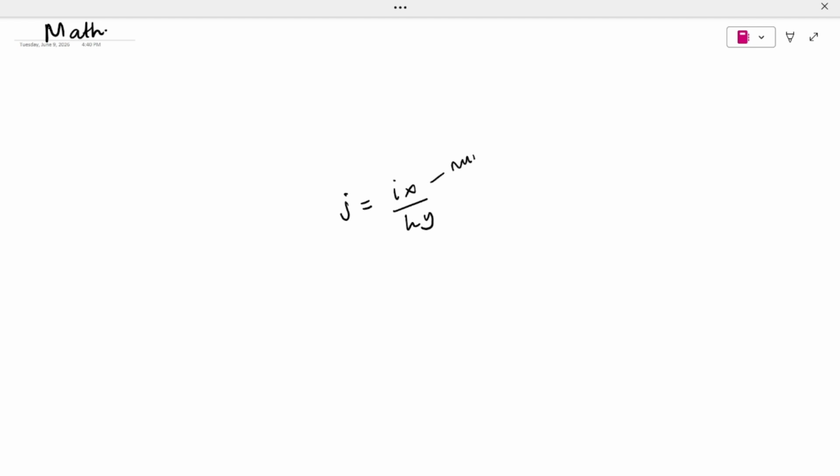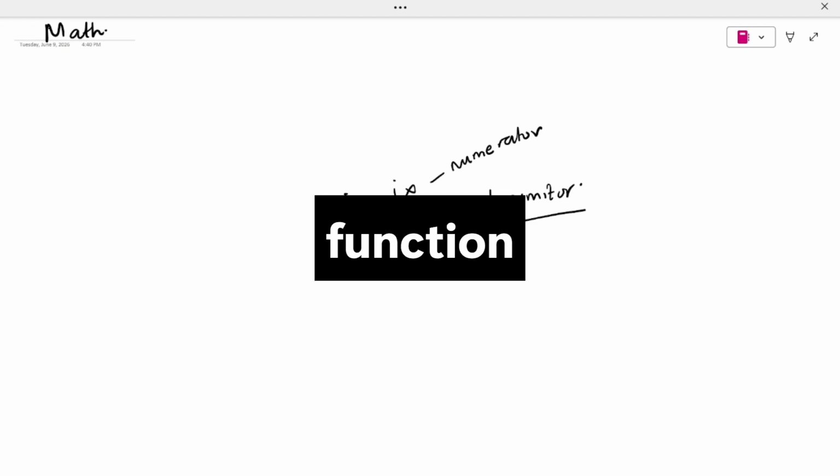This is a numerator, this is a denominator. This is a fraction expression. Function is an expression that defines a relationship.